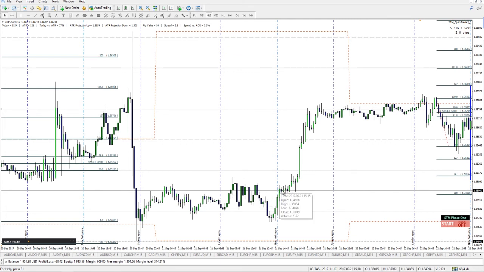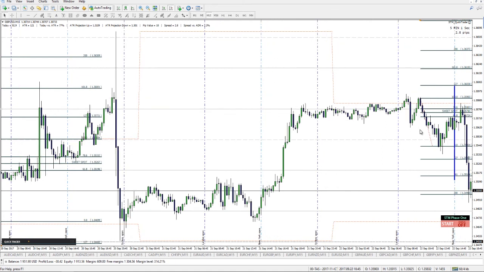You could get out on this area. You have an order block here that made the move up, or reduce your position here, take some profit out there. And that would be good there, because you have the 161 extension.